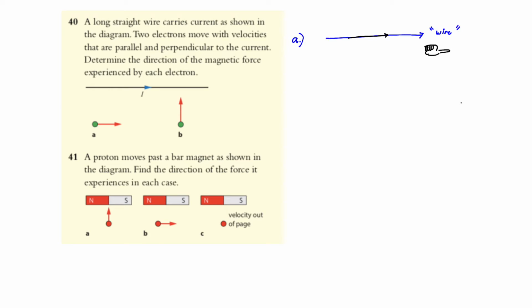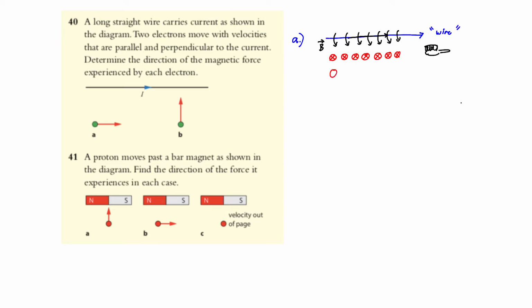Okay, so here you would take note that the direction of the magnetic field is going to go like this. So that is the B field that is being produced. Therefore, the magnetic field produced by the wire is into the page.